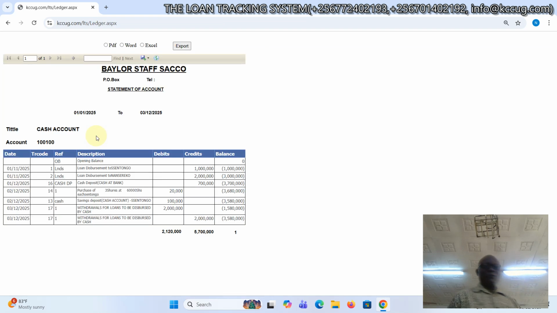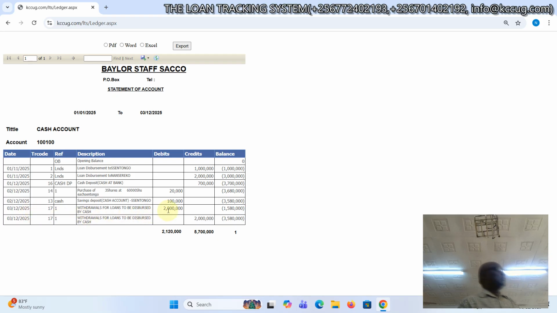Now you can see our 2 million shillings withdrawn for loans to be disbursed by cash, 2 million shillings, and it was withdrawn on 3rd of December 2025.